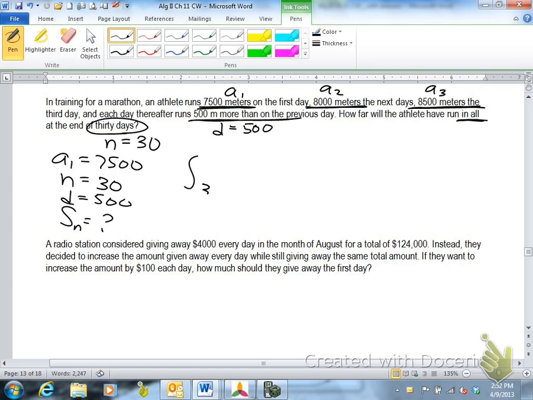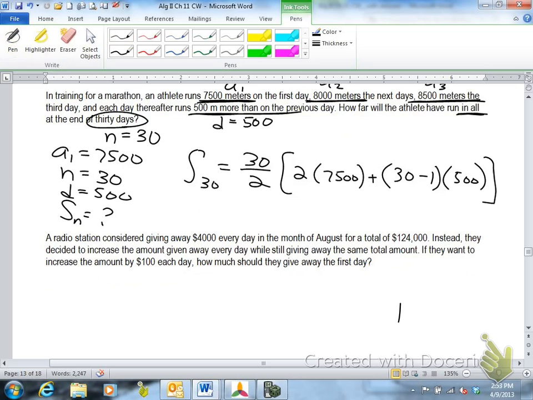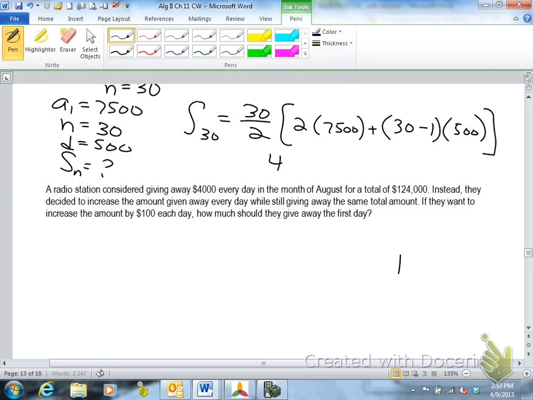So the sum after 30 days would be 30 over 2, double the first term, plus n minus 1, 30 minus 1, times 500. So that's the longer form of the arithmetic series formula.